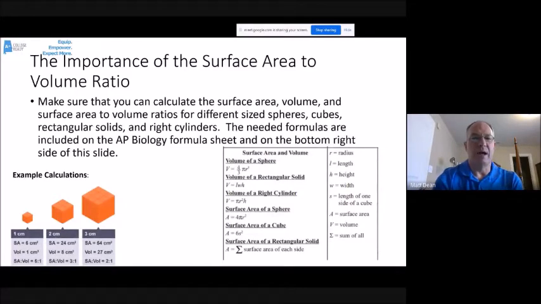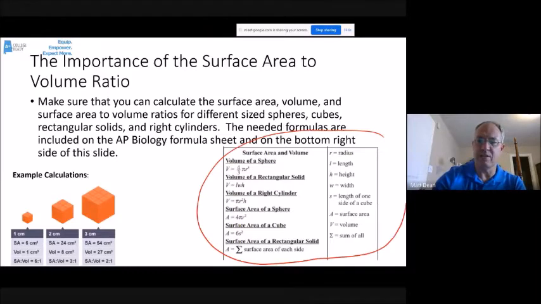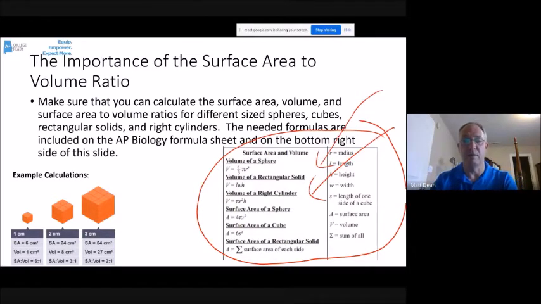So on your AP Biology formula sheet, there's a whole section of formulas dedicated to surface area and volume calculations. And actually, the new version of the formula sheet has more surface area and volume formulas than this piece does. Let's just start with a simple one, though.